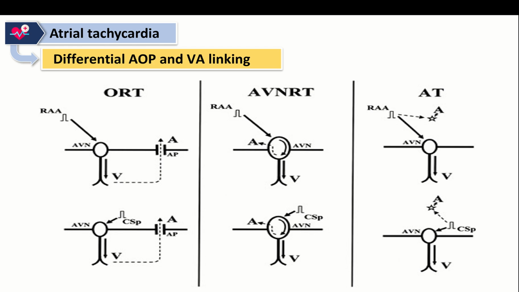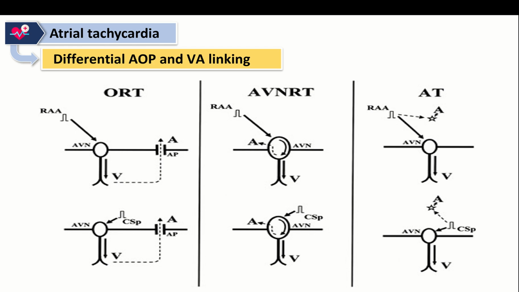Why? Because in accessory pathway tachycardia, the antegrade limb is the AV node and the retrograde limb is the accessory pathway, so I have a fixed relationship between ventricle and atrium. Same scenario in AVNRT, slow pathway antegrade and fast pathway retrograde, I have a fixed relation between V and A. That's why there is VA linking in ORT and AVNRT.